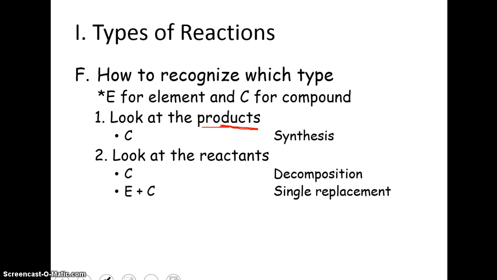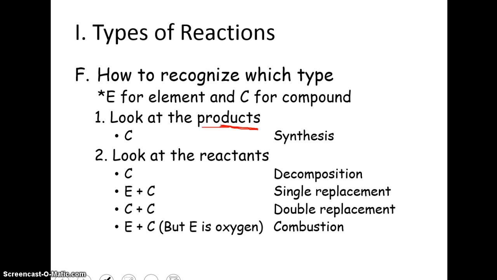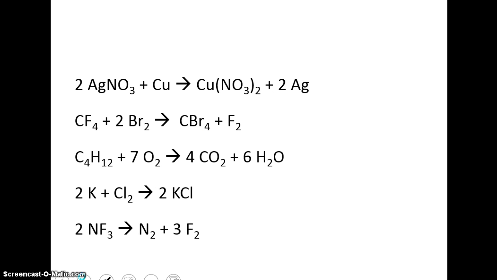If you see an element plus a compound, it's single replacement. If you see a compound plus a compound, it's double replacement. And then if you see an element plus a compound, but the element is oxygen, it's going to be combustion. So we're going to go through each of these, and I'll explain how to determine what it is.